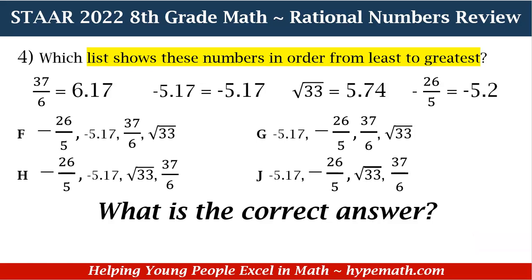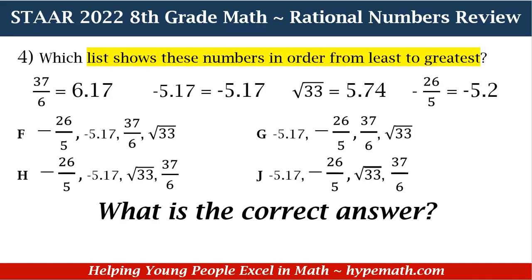So let's look and see, and remember, with the negative numbers, the larger the negative number, the smaller it is. The larger a negative number is, the smaller it is.